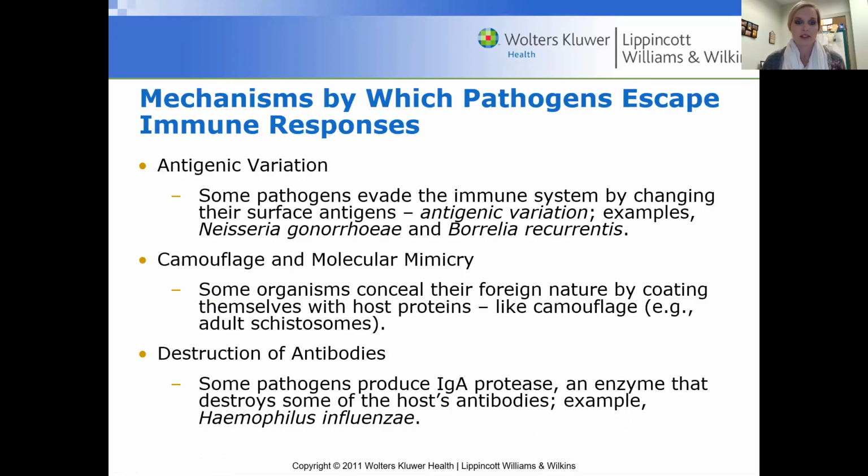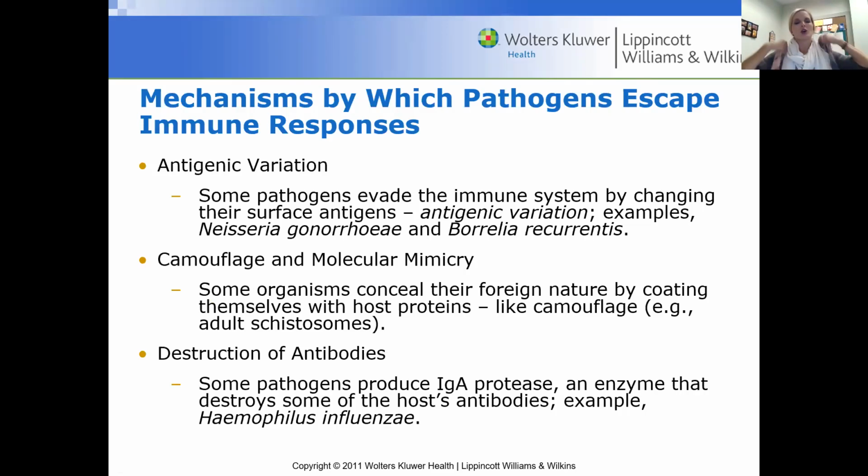Okay, all right, guys. So this is going to get into why they can escape the immune responses. Let's just talk about that real quickly. Antigenic variation: some pathogens can escape the immune system by changing their surface antigens. If you remember the term antigen, it is what causes our body to produce antibodies, and those antibodies help to get rid of those pathogens.